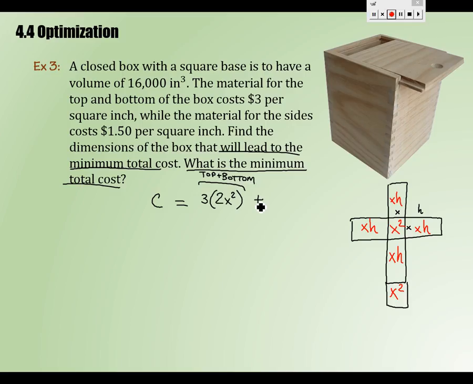All right, and now let's do the sides. Someone else hook us up with that. Yeah, it's $1.50 per square inch for all the material for the sides. So help me out there. Yeah, we have 4xh is the area of all the sides, but then it's $1.50 per square inch for the sides.